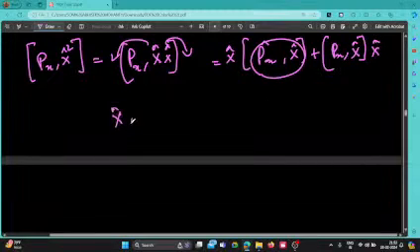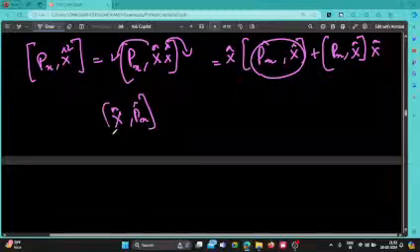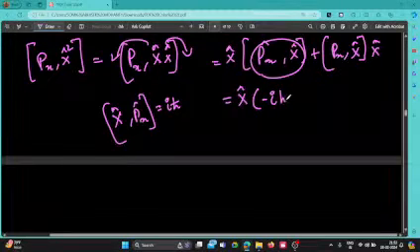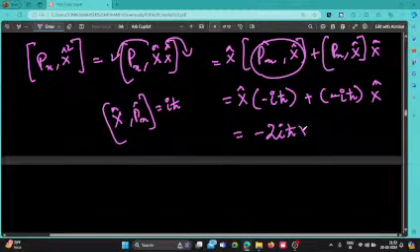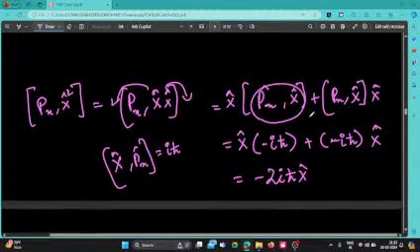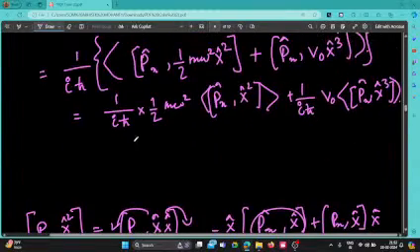We know the commutation of x, Px is iħ, so the commutation of this one will be minus iħ. So x times minus iħ plus minus iħ times x. So this will be your minus 2iħ x, right? So just put it here.